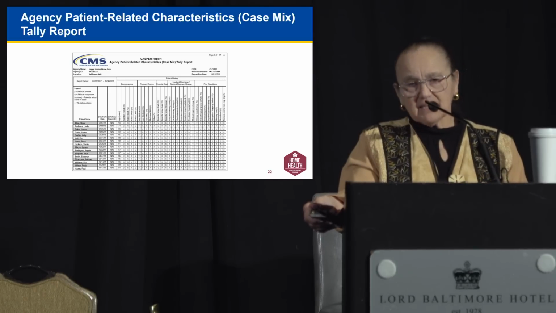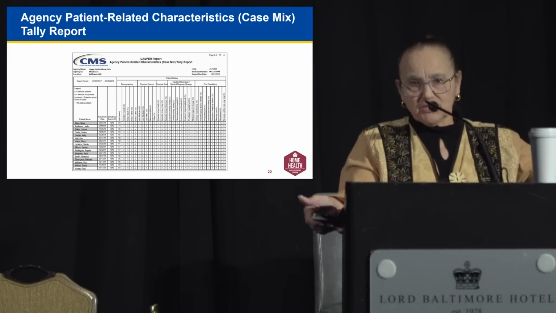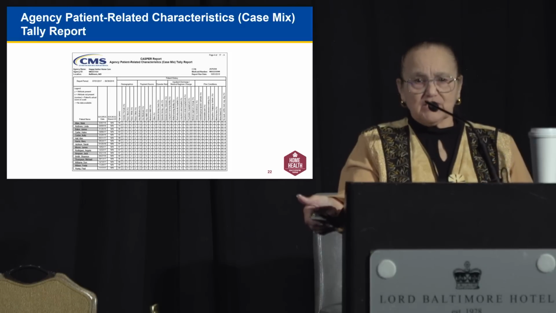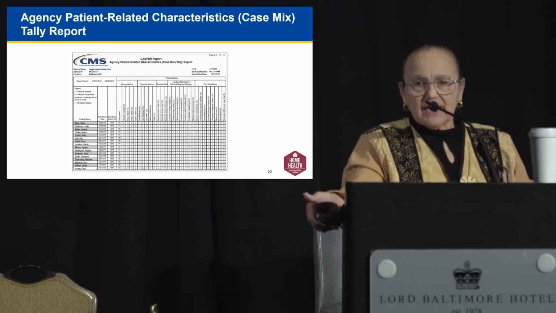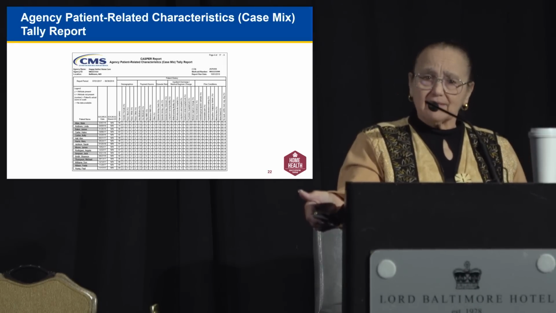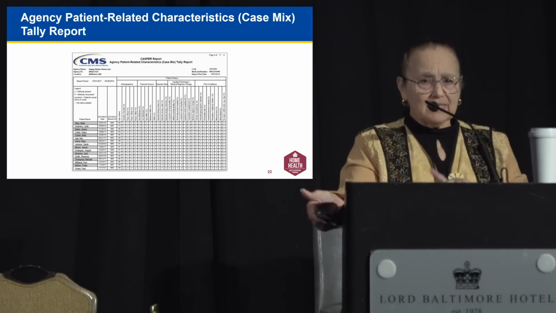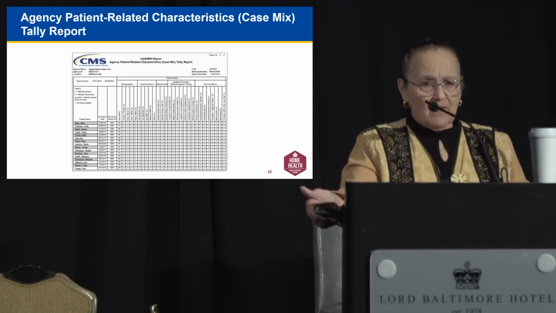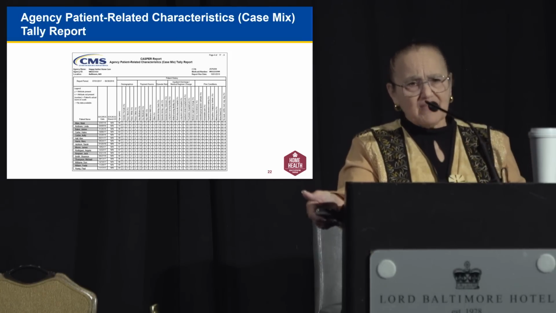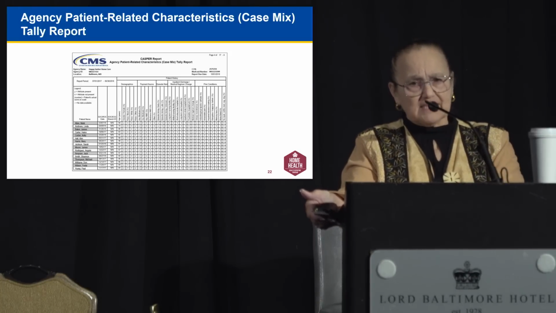This is a tally report. Remember I said that you could take the agency level information and now drill it down to the individual patients, so that when you are looking at the agency level data and something just doesn't look quite right, you have the ability to say, okay, let me run this at the patient level, and I can now run my thumbnail down and see, did I really have that many patients that were of that age group or of this age group?